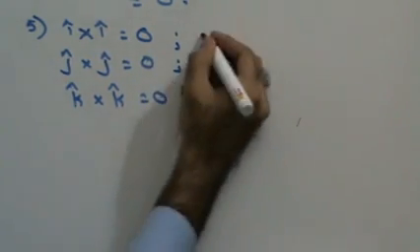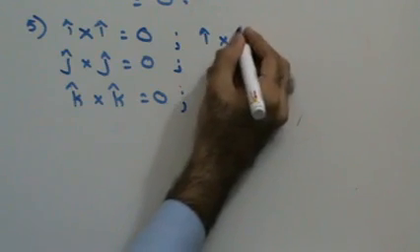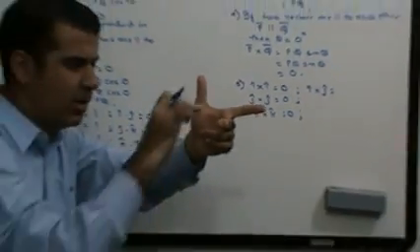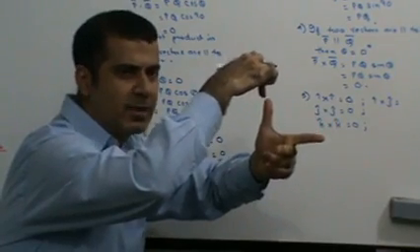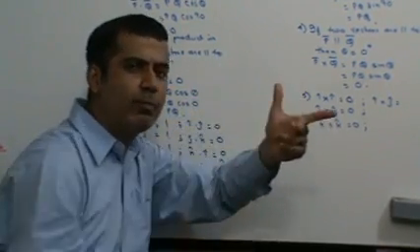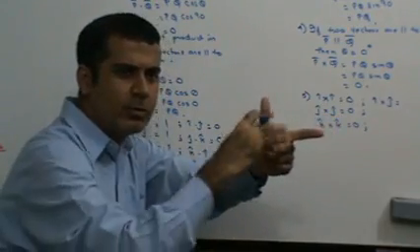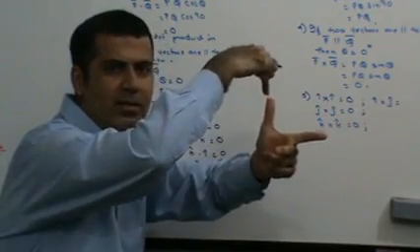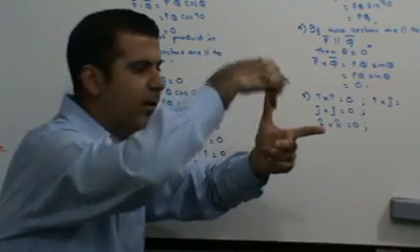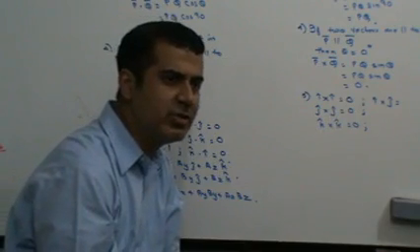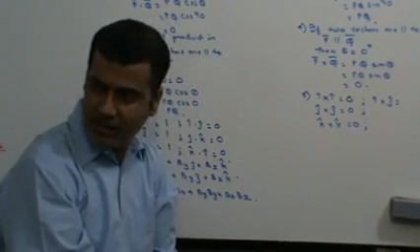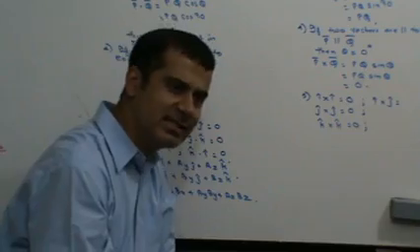Similarly, what will be I vector cross J vector? Now guys, see this. I have X axis, Y axis, Z axis. The cross product of two vectors is always a third vector such that the third vector is perpendicular to both the vectors. Now if I am taking I and J, which is the only axis that is perpendicular to X axis and Y axis, the Z axis.